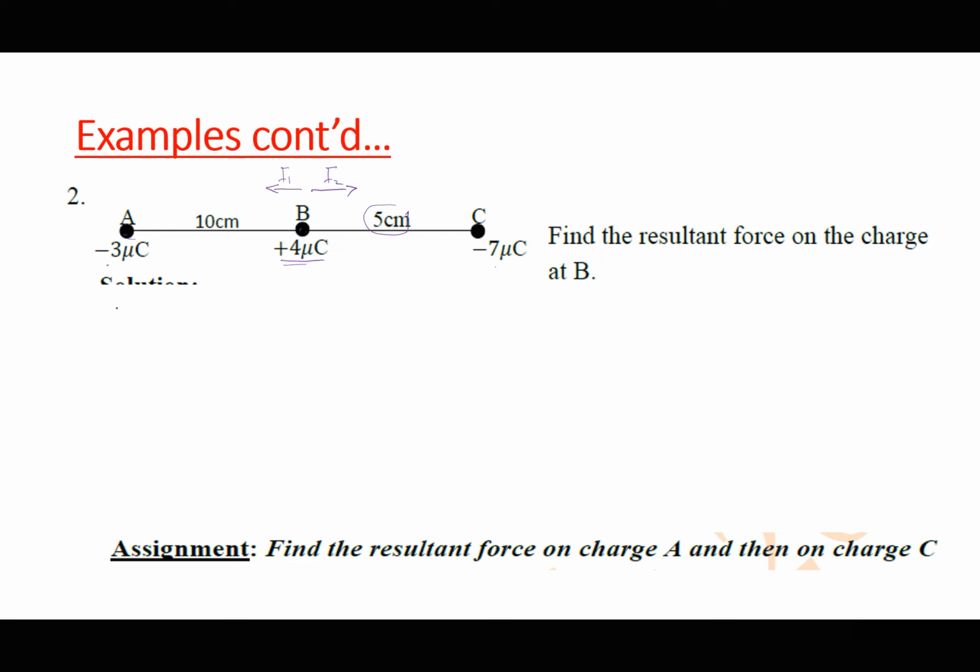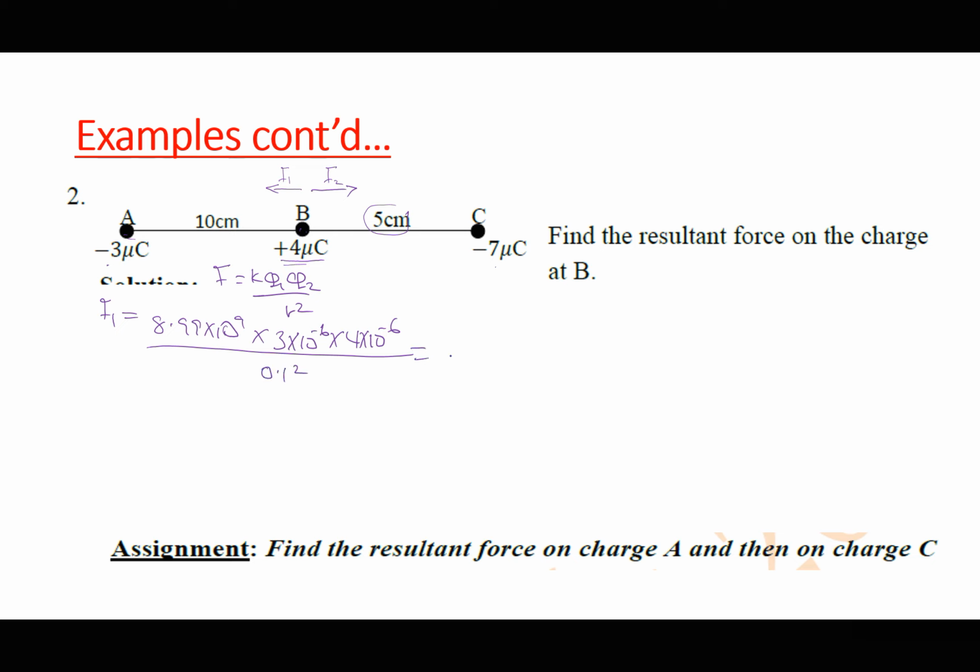So let's first find F1. Remember the force is going to be K Q1 Q2 over R squared. We are assuming they're in a vacuum. So F1, which is to the left, is going to be 8.99 times 10 power 9, times the product of the charges 3 times 10 power negative 6 times 4 times 10 power negative 6, divided by the square of the separation, which is 0.1 squared.